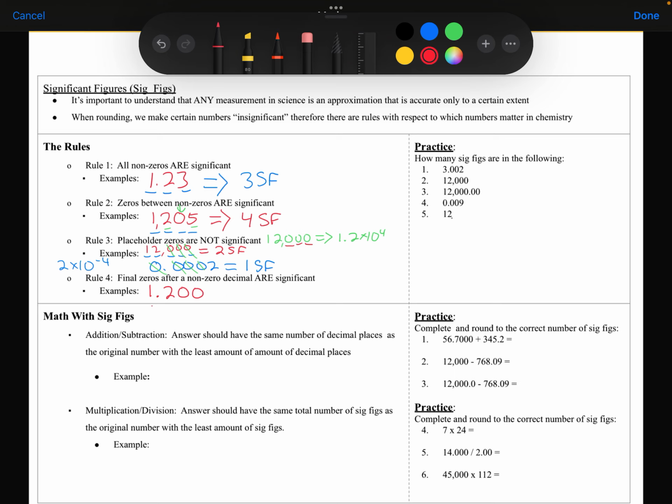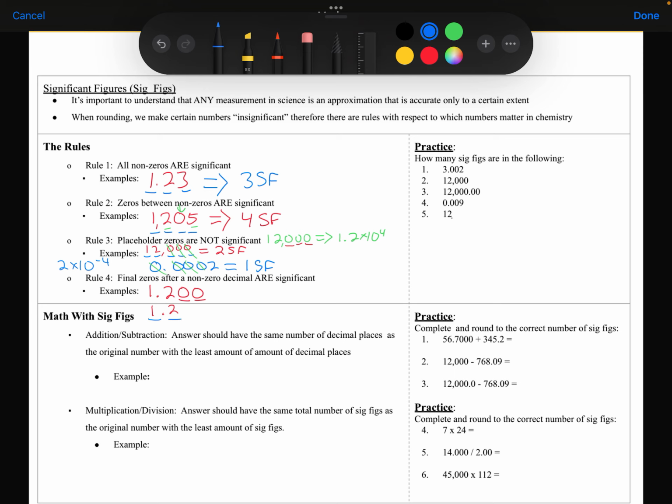Because mathematically, you know that the number 1.2 and the number 1.200 are the exact same number. But if you think about this in terms of accuracy and in terms of measurement on, say, a scale that you would use in chemistry, these zeros do have importance. Because imagine you had a scale that said, hey, your item is roughly 1.2 grams, right?